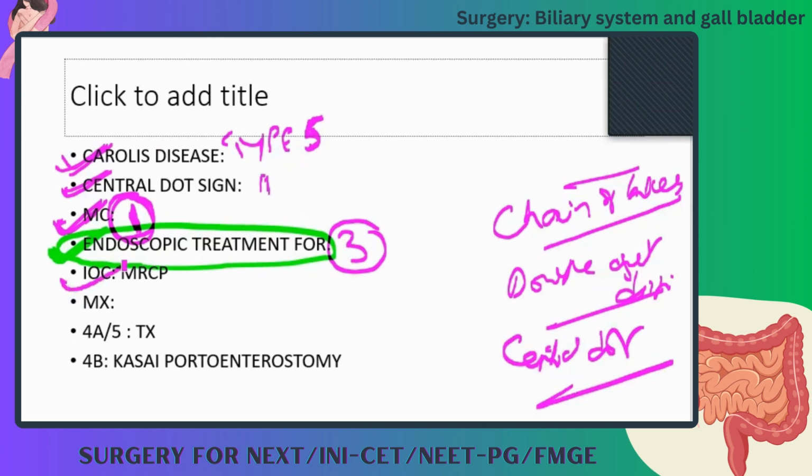Here the investigation of choice is MRCP. Management, see.